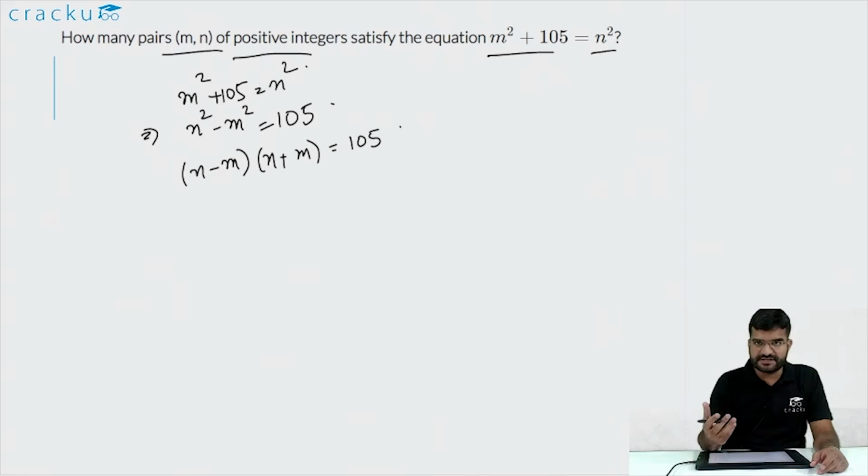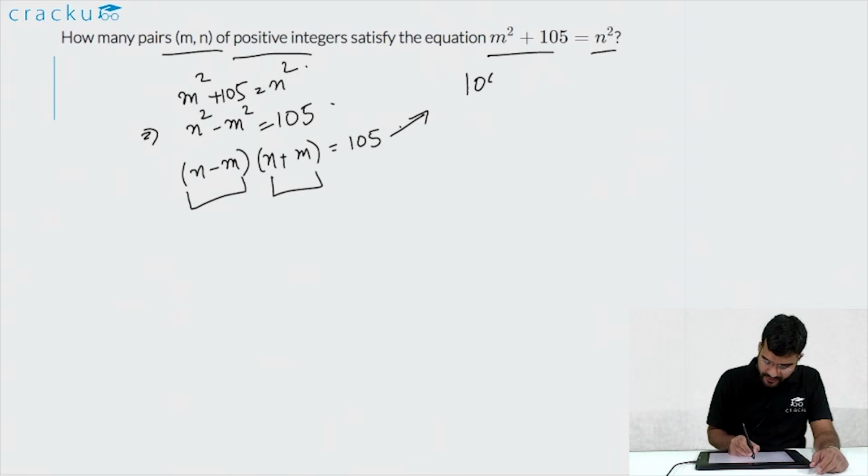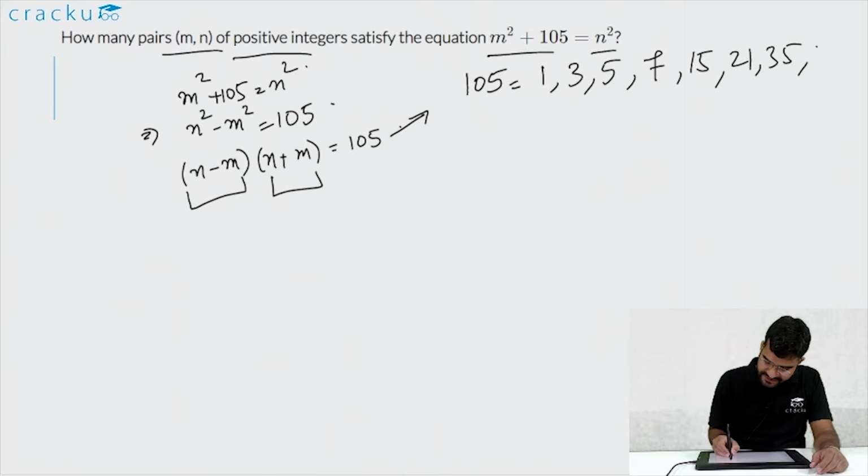Now here you should understand that because n and m are positive integers, n − m is also a positive integer and n + m is also a positive integer. Now in that case we'll just do the factorization of 105 and then try to see which pairs match up. All the factors of 105 are 1, 3, 5, 7, 15, 21, 35 and 105.